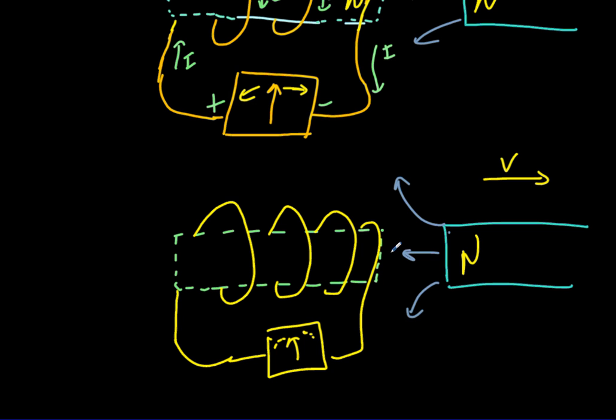Like attracts. So if I'm pulling it away and I have to be doing work when I'm pulling it away, which way becomes south and which way becomes north? To resist pulling away, there must be an attraction here. It's got to be attracted, and if I'm working to pull it away, this must set up in the south.